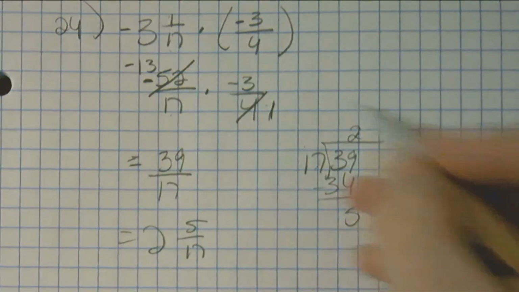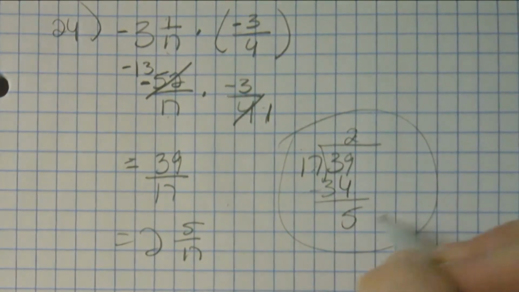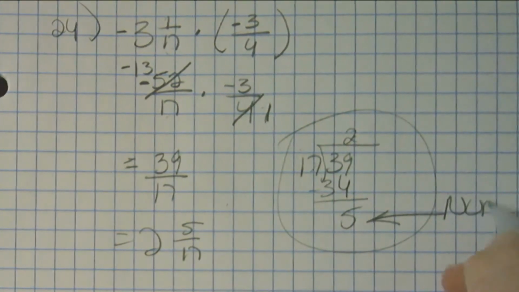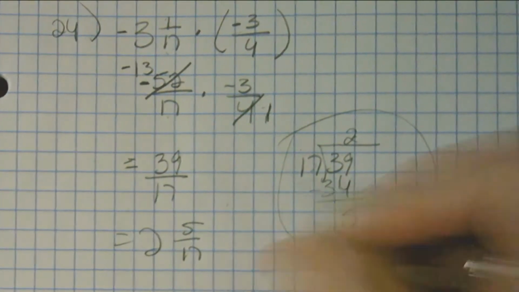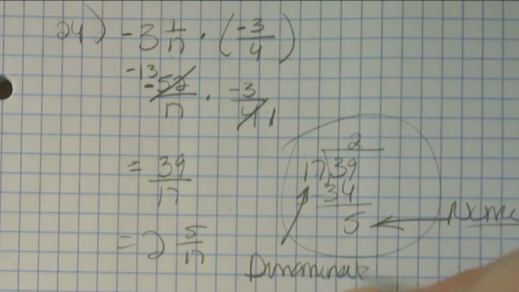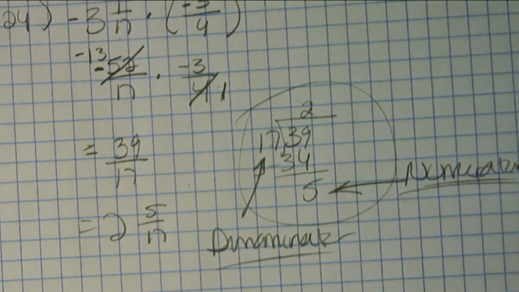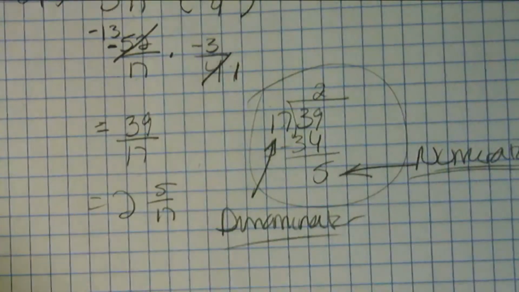Don't forget, when you're doing that division to turn that improper fraction into a mixed number, your remainder becomes your numerator, and what you divide by is your denominator. That I am expecting you to know. Danny, does that help you?